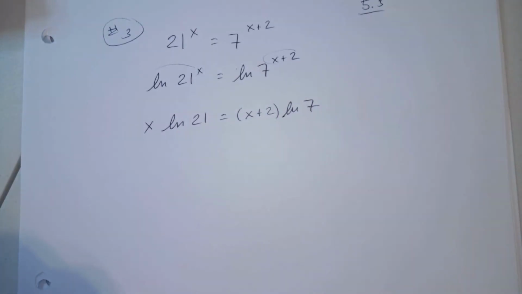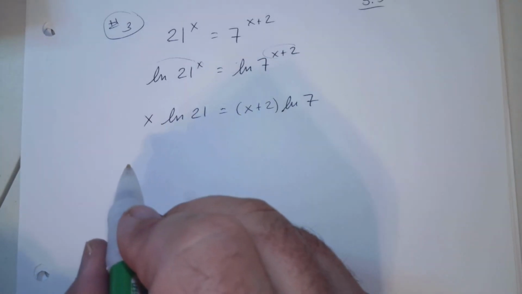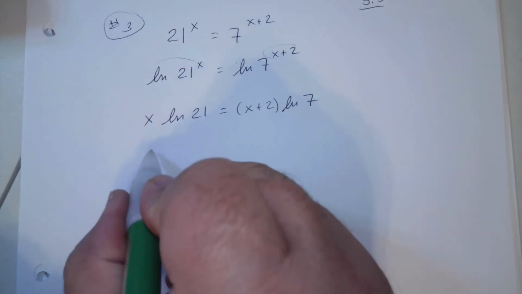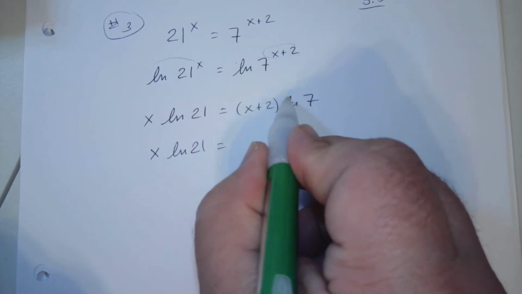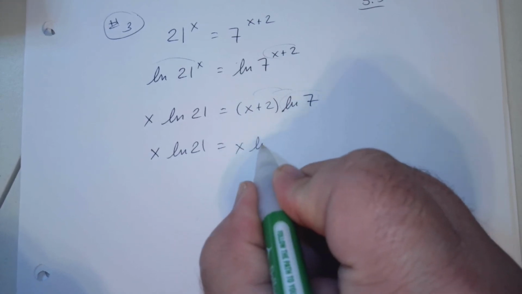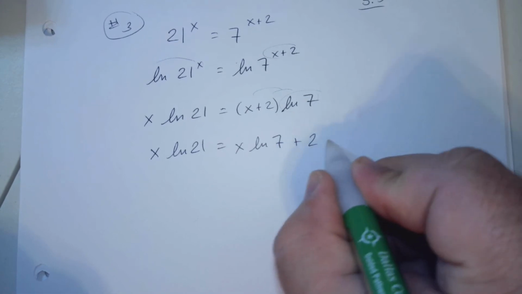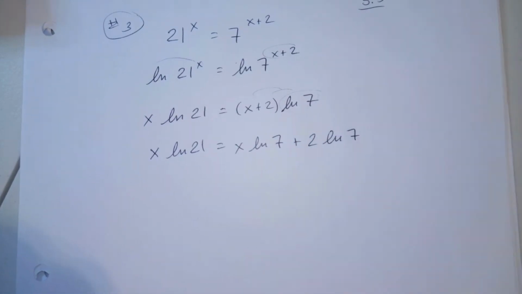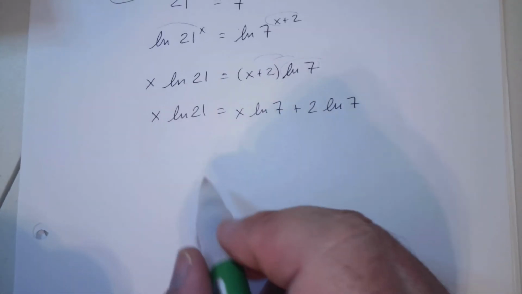Ln 7. Get rid of the parentheses. So we have x ln 21 equals, we take this and distribute, x ln 7 plus 2 ln 7. We have to get the x's on one side.